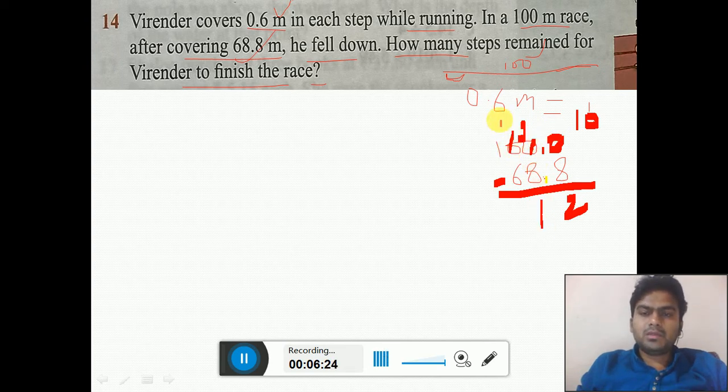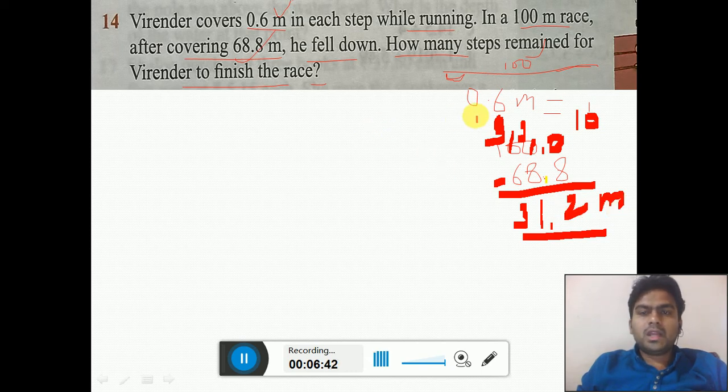Now this number will also become 9. 9 minus 6 is 3. So he has to cover 31.2 meters of distance. This much distance Virender has to cover.